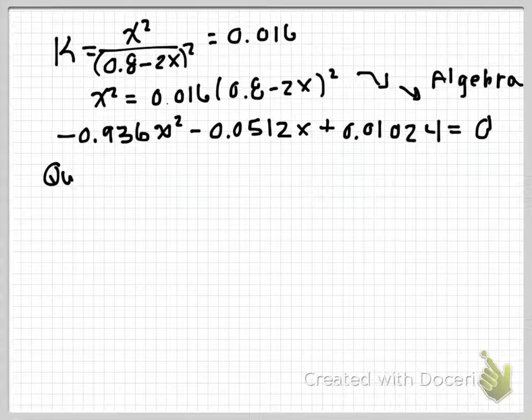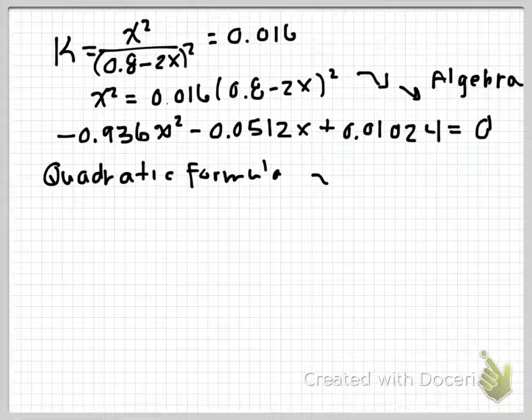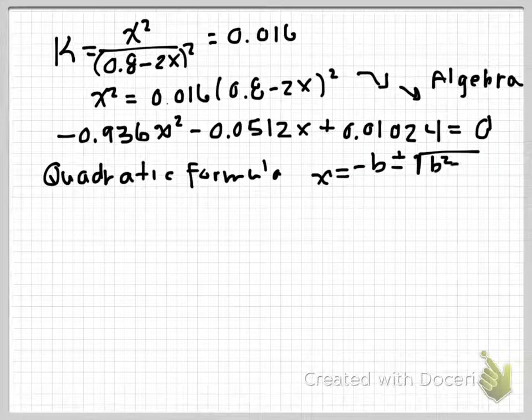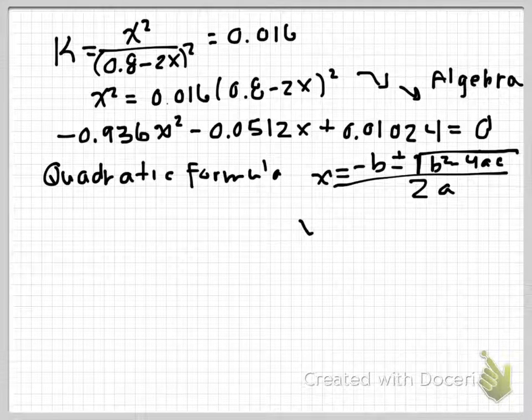Now we are of a form that can go into the quadratic formula. Our old friend, the quadratic formula. X equals negative b plus or minus the square root b squared minus 4ac all over 2a.